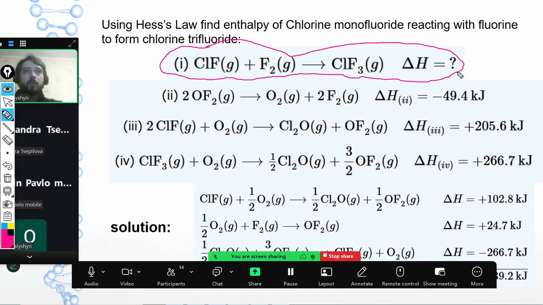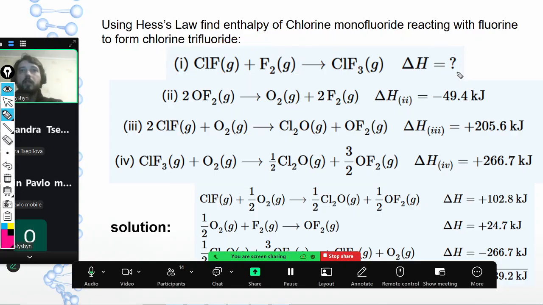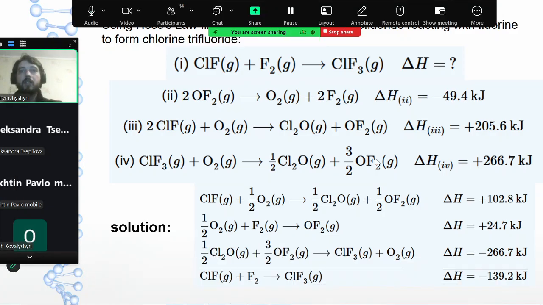But suppose I cannot find it in any of the tables. It seems I can still recover this quantity if I find some different reactions that involve these reactants and products, and I will construct some hypothetical path, it should not exist in practice, it doesn't really matter, that will take me from my initial state to my final state.